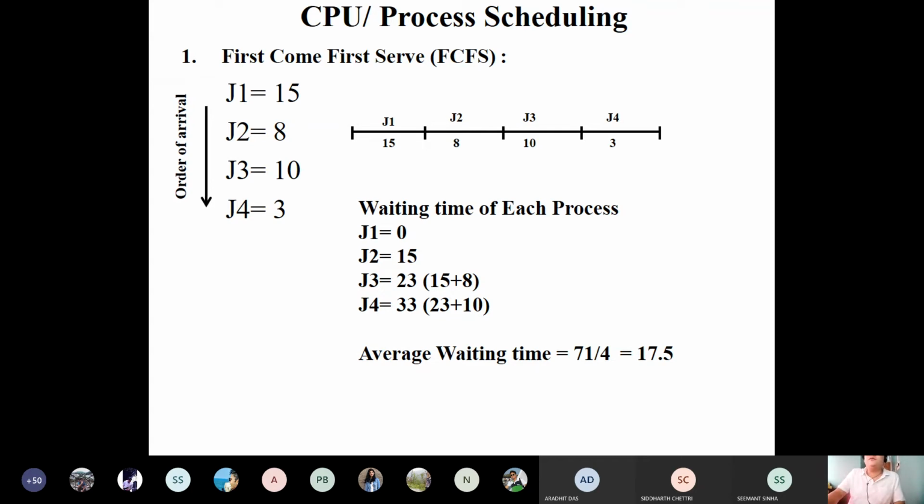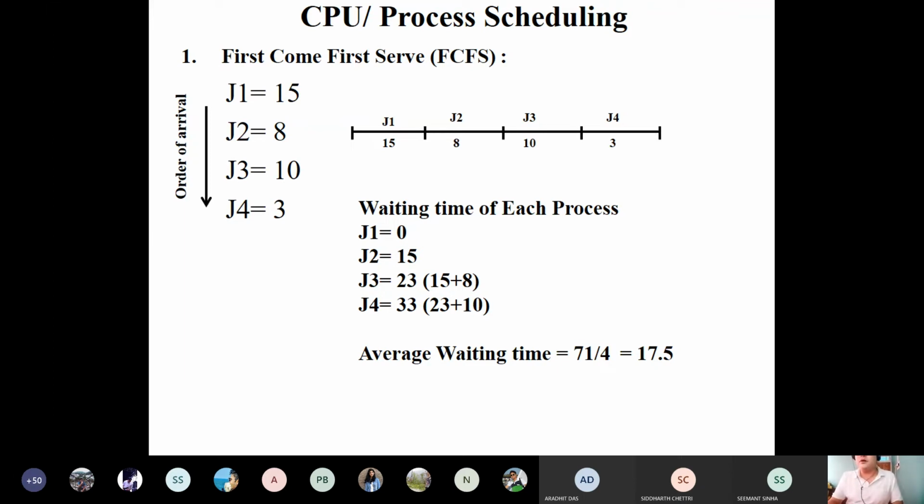Similarly, J3 has to wait for the burst times of J1 and J2, that is 15 plus 8, which is 23. J3 will get a chance to execute its code with the help of the CPU only after completion of J1 and J2. That's why J3 has waited for 23 units of time, and similarly J4 has waited 33 units of time for its turn.